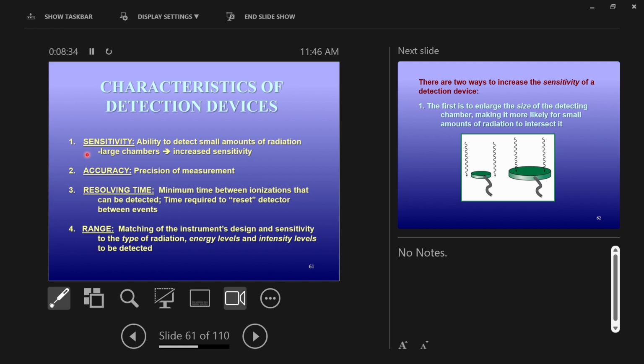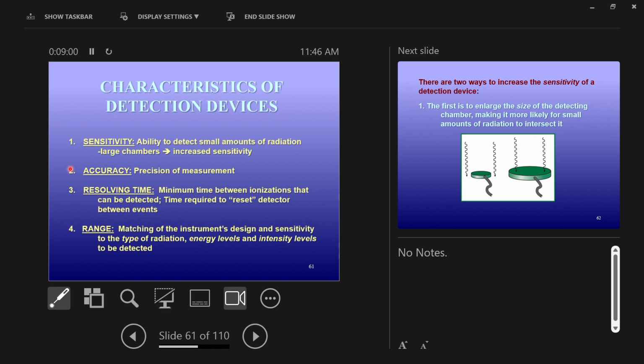This device is much more sensitive than this one, okay? Because of the size of the detection chamber. In here somewhere is going to be a small detection chamber, probably about the size of this pen cap, okay? Stuffed somewhere in here along with the electronics, okay? So larger detection chambers equal more sensitive detectors.